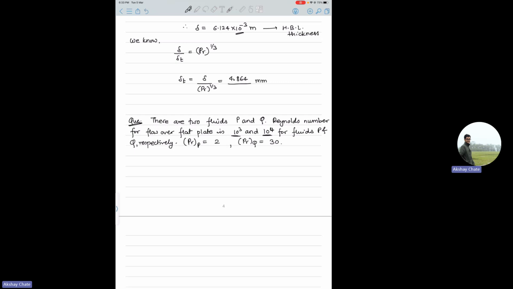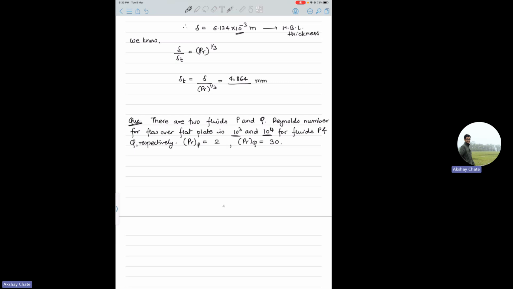Okay. Now there is additional information also given, which is regarding the boundary layer thickness. One second, I'm just trying to make another question out of this.